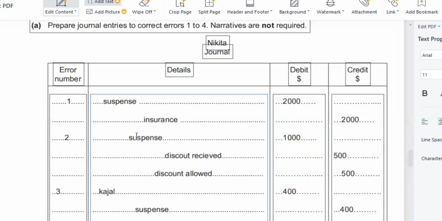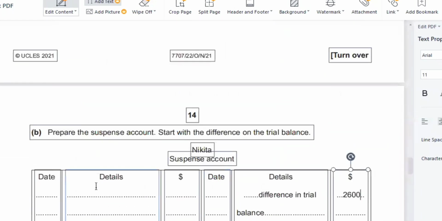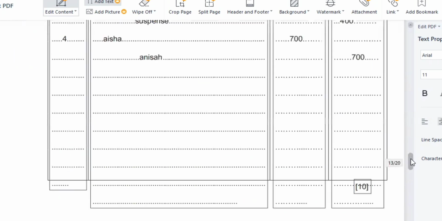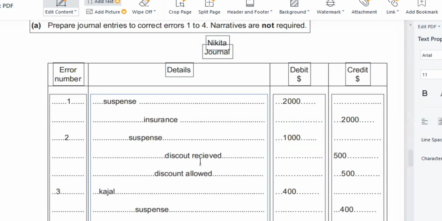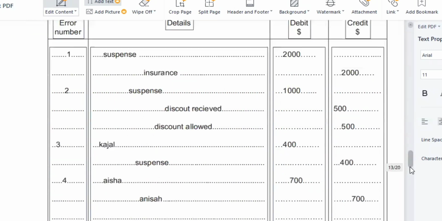Suspense debit with insurance. So we'll write insurance 2000. Then we have suspense debit with discount received and discount allowed.